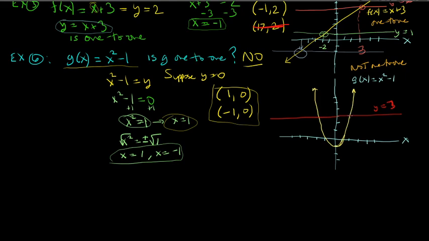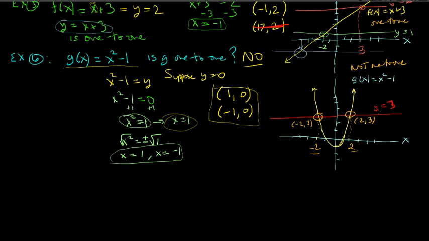This should come from x equals 2. But it also comes from x equals -2, right? So this horizontal line, y equals 3, crosses the graph once here at the point (2, 3), and once over here at the point (-2, 3), right?